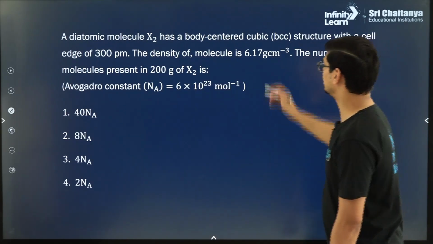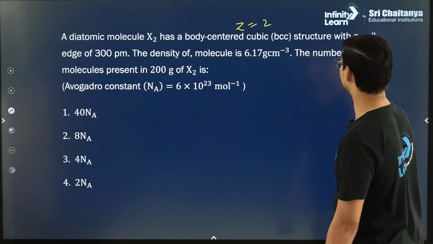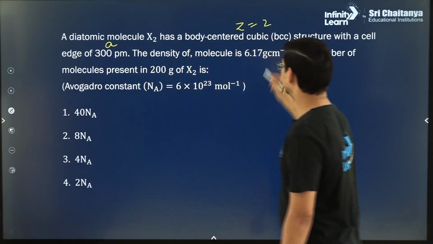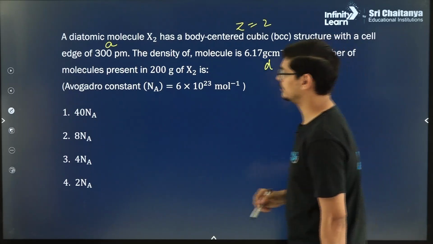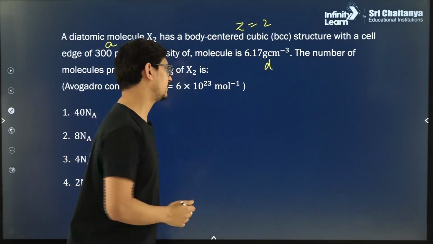A diatomic molecule has a BCC structure, so the rank is 2. There are 2 particles per unit cell with a cell edge of 300 picometer. The edge length and the density are given, and the question is the number of molecules present in a 200 gram sample. There is a simple formula for this.